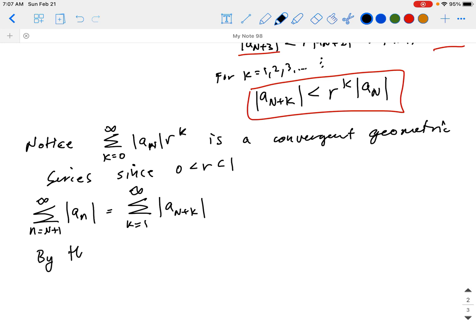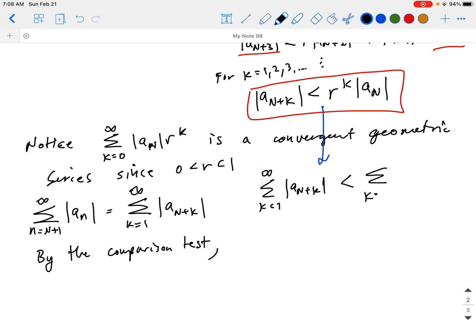So by the comparison test, and again we're going to use our inequality here, the sum k equals 1 to infinity of a sub N plus k is less than the sum k equals 0 to infinity of a sub N r to the k.